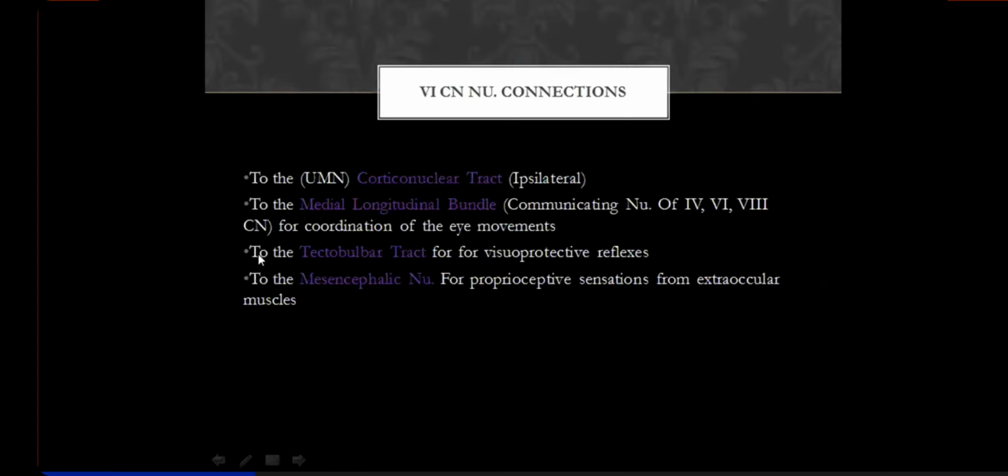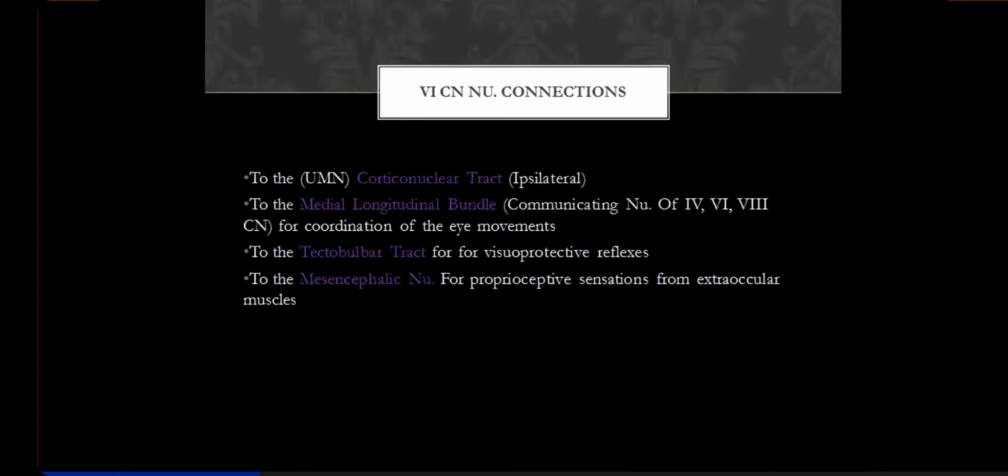So then it will also communicate. Remember, I have told you again and again that the tectobulbar or tectospinal tract is for visuoprotective reflexes. I had explained this in grades: if some dust is coming towards your eyes, or somebody claps in front of your eyes, you blink your eyelids, right?